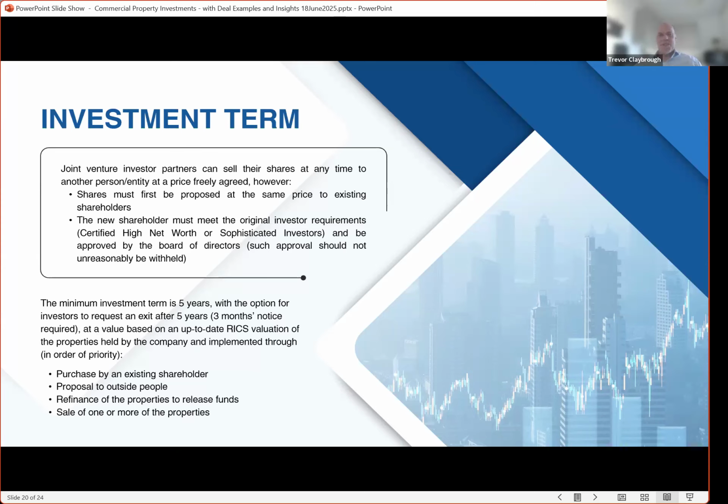And it's always necessary to propose those shares to other shareholders at the same price to give them the first option in buying them. And then every 5 years, we have the possibility for people to be able to exit, and the value of that exit is based on an up-to-date RICS valuation.